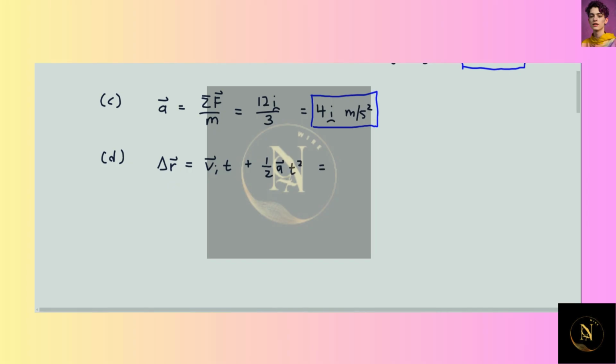So v_i is 7j, t is 5, the acceleration is 4i, and then t squared, 5 squared. So calculate. This gives us 50i plus 35j meters. So this is the answer for part D.